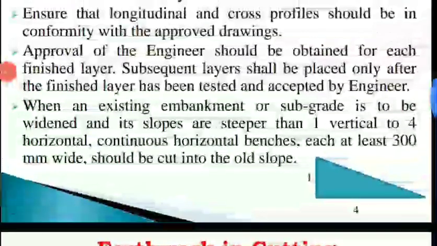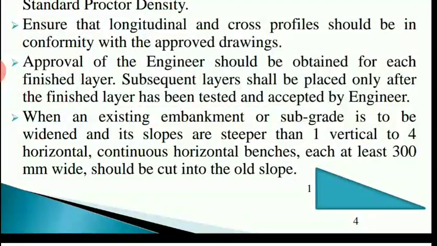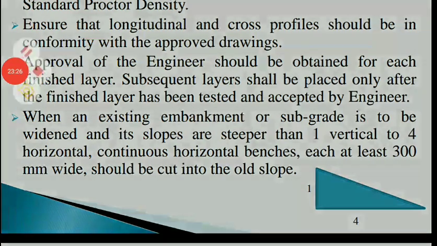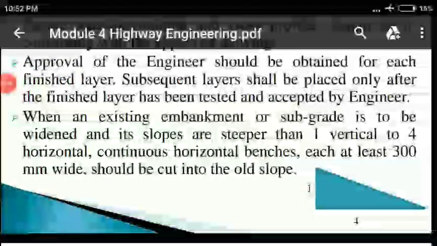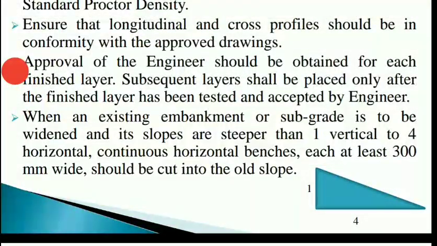And here, when an existing embankment or subgrade is to be widened and its slopes are steeper than 1 vertical to 4 horizontal, they have given the condition: if an embankment is already placed just beside the road construction, and its slopes are steeper than 1 vertical to 4 horizontal, then continuous horizontal benches, each at least about 300 mm wide, should be cut into the old slope.